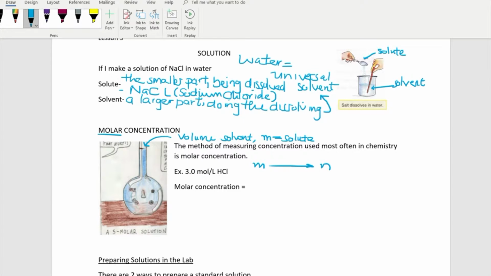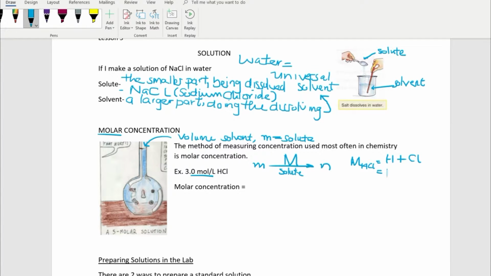To get to that, we need to divide our mass by the molar mass of our solute. Like in this case, we have 3 mole per liter of HCl, which is hydrochloric acid. So in here we're going to take into account the molecular mass of hydrochloric acid, which is, first look at the hydrogen's molecular weight plus that of chlorine, or in this case chloride, molecular weight.